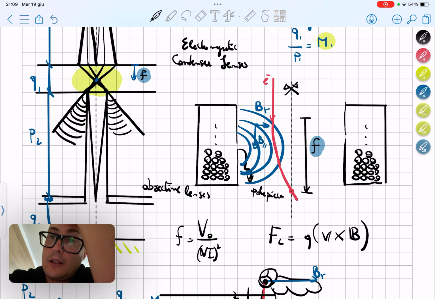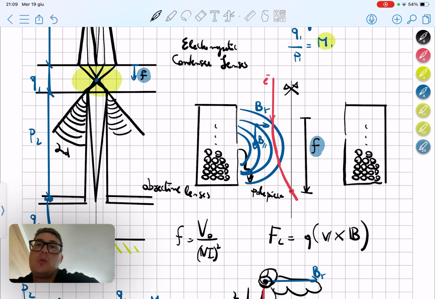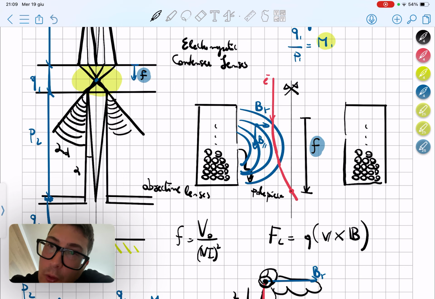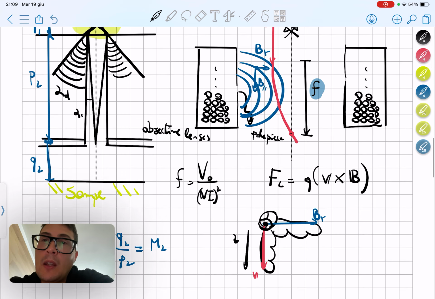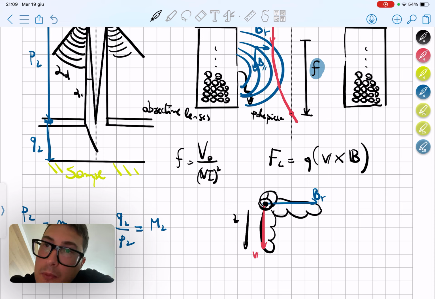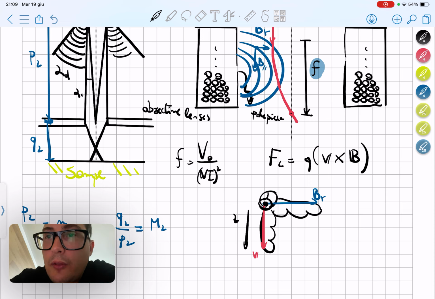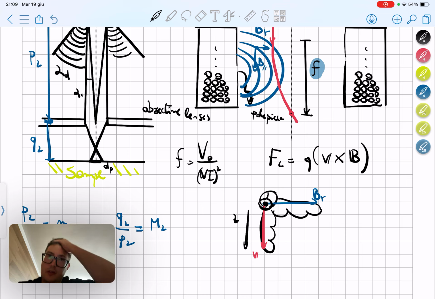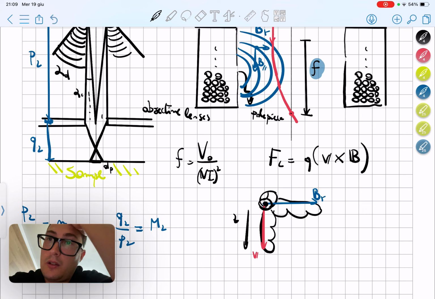We can call it the alpha diverging angle, whereas this one is the alpha converging angle that we need. Because of this aperture, there is the focus on the sample, and this is our final spot size. Of course we will have this and this crossing, etc. But this is the point.